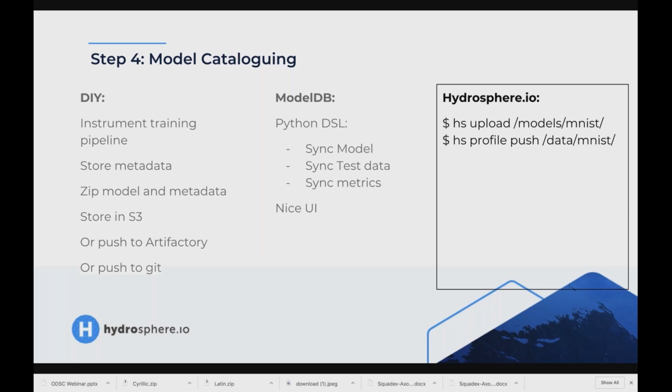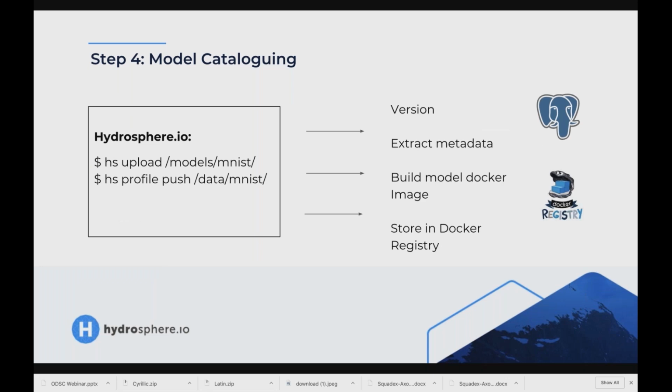Here is how it works. When you execute hs upload, it's just a command line interface. The tool versions, extracts metadata, builds a Docker model image, and stores the Docker image in a registry. So it provides immutable storage and versioning for the data while capturing required metadata for later workflow steps.